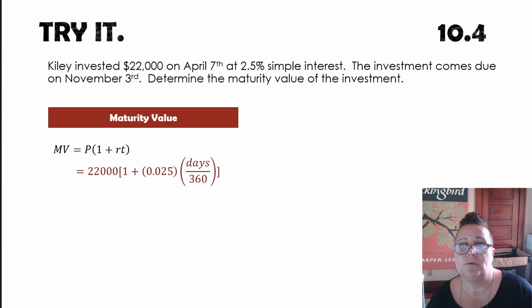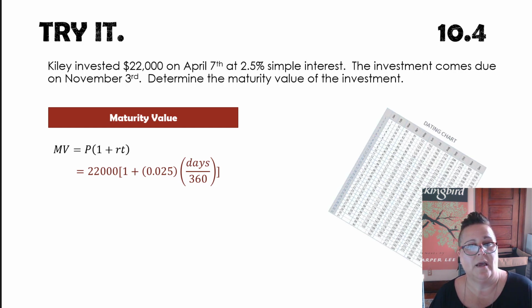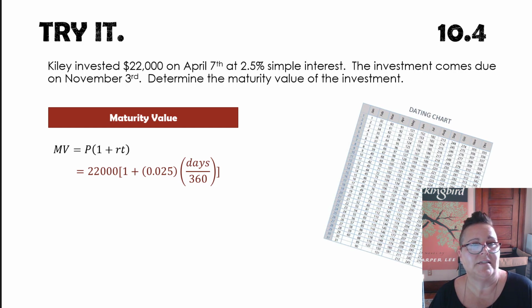I know the loan date is April 7th. I know the due date is November 3rd. The difference between those two is the number of days in the loan. So looking up my dating chart, I see that April 7th is day 97 and that November 3rd is day 307.